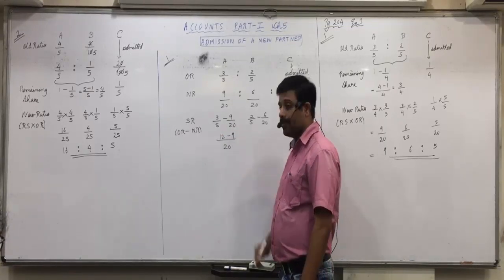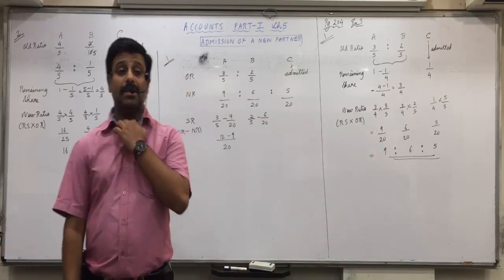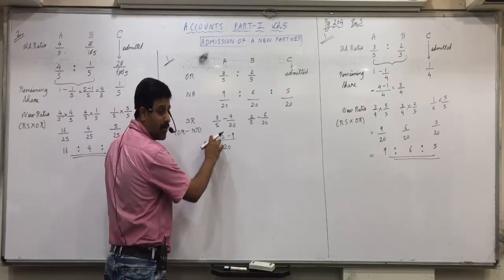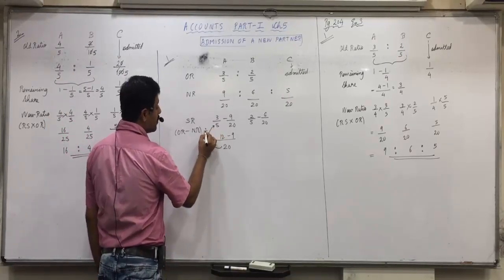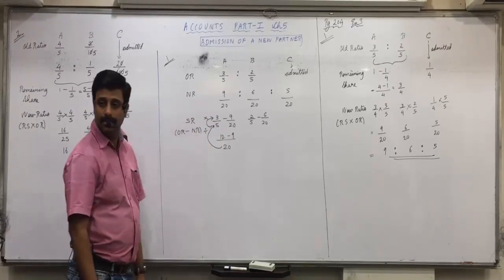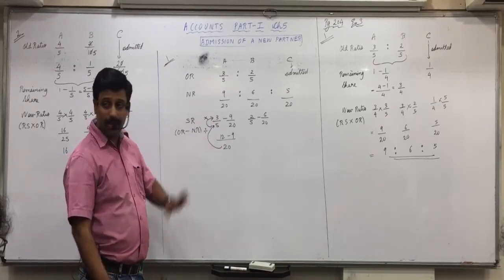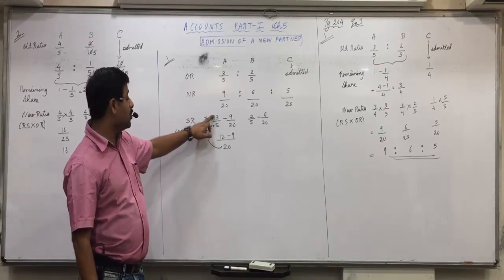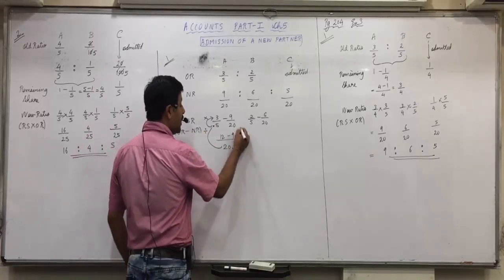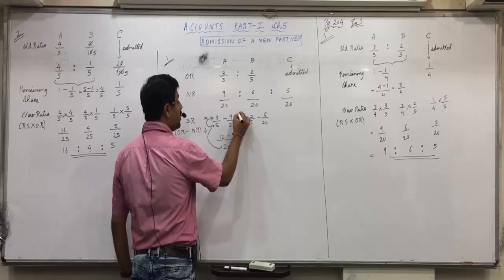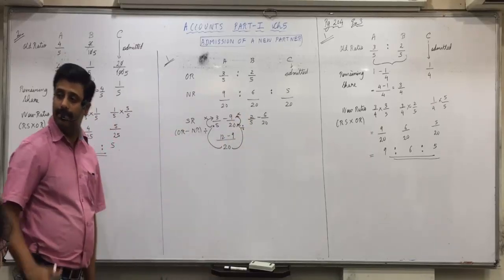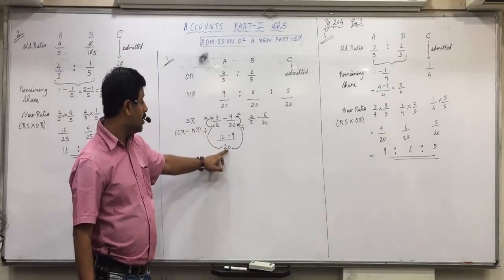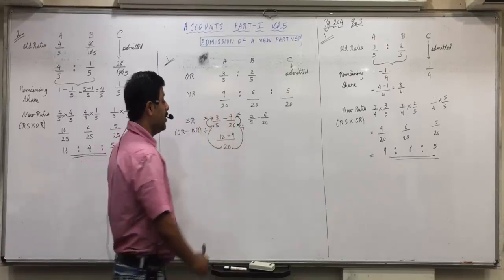Now I know that maths is very difficult for the majority of you, so listen carefully. For this 12, if you get confused, first you divide, then you multiply. 20 divided by 5, 4 into 3. 20 divided by 20, 1 into 9.